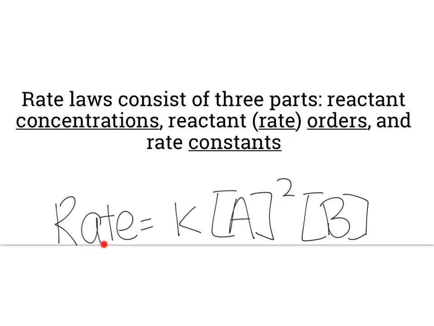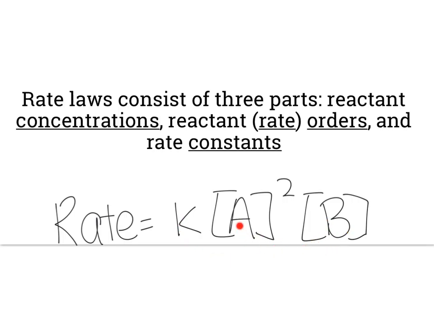Typically, it all equals the word rate, and that just represents the rate of a reaction whenever they have these specific concentrations. k refers to our rate constant, and we'll come back to that. But for now, all you got to know is that's just some number that makes everything work.